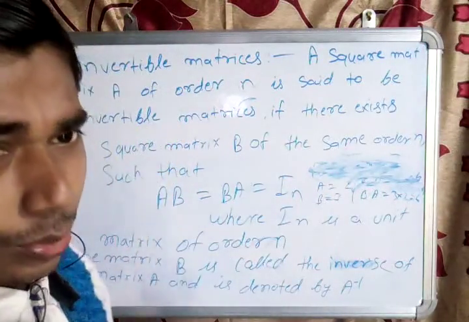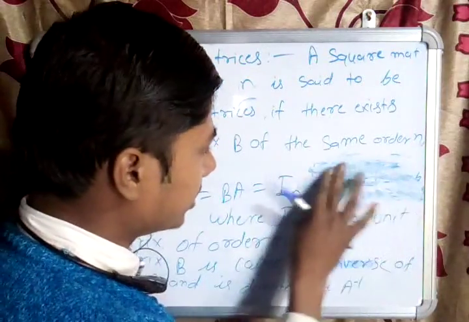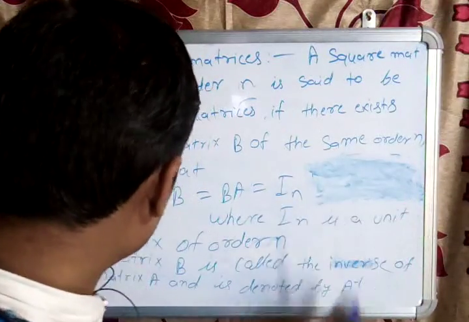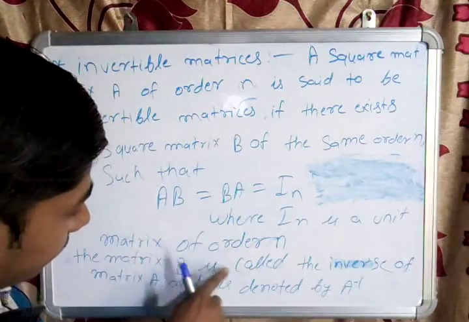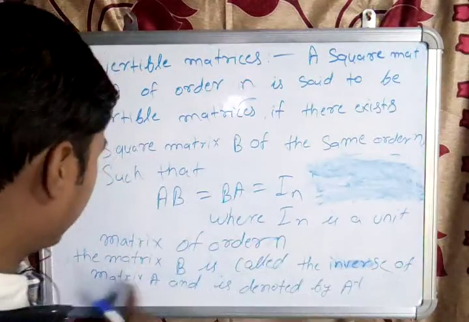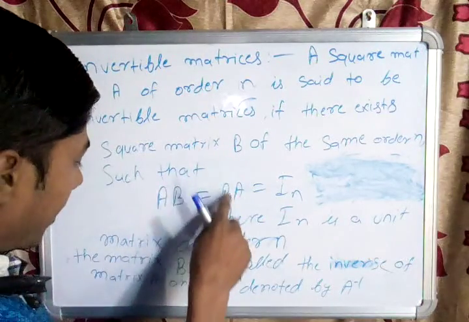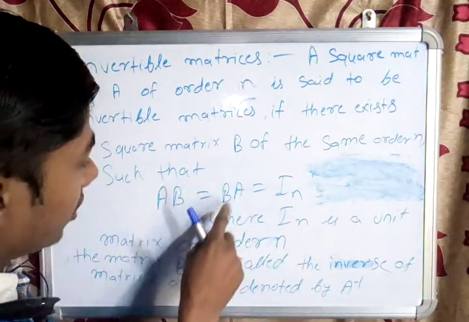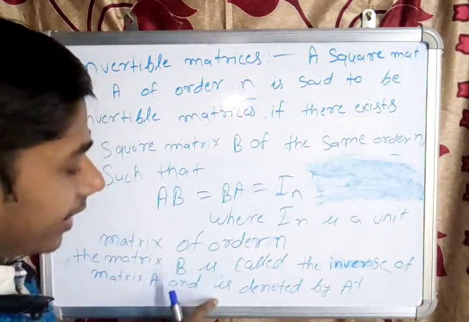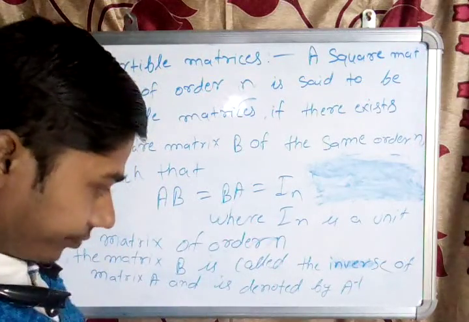Let it be a 2 order matrix, 3 order matrix, any matrix, then we have to prove the matrix B is called the inverse of matrix A. B is called the inverse of A and is denoted by A inverse.